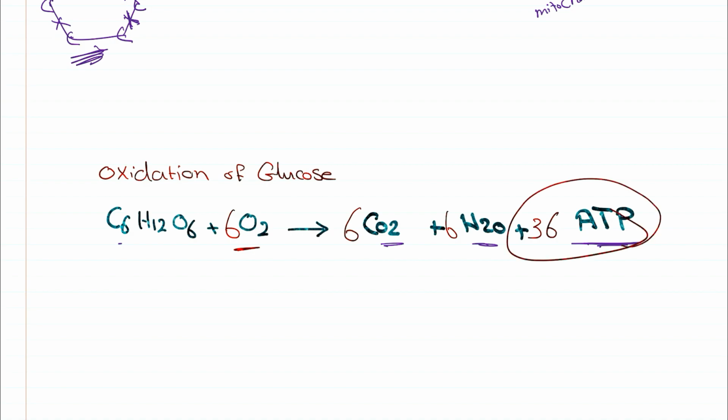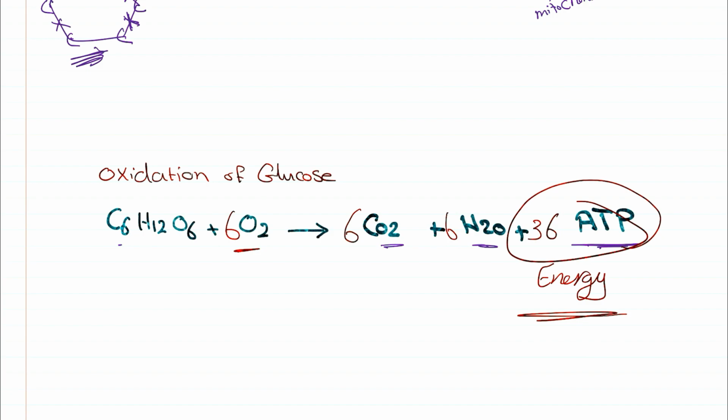This is the form of energy used for all processes. The energy used for walking, for sleeping, for eating, for doing your work, all of this for keeping us alive, all this needs energy. And this energy comes from breaking down the glucose inside the mitochondria, and the form of this energy is called ATP.